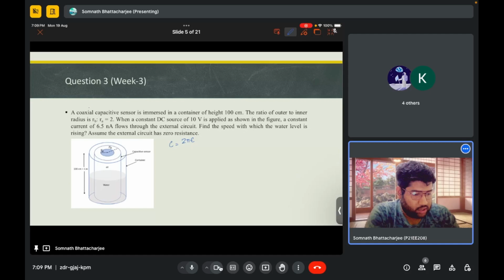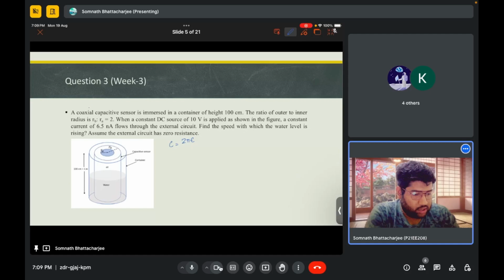Here epsilon was 80 times epsilon naught, which is 80 times 8.854 times 10 to the power minus 12 meter cube kg inverse second square.